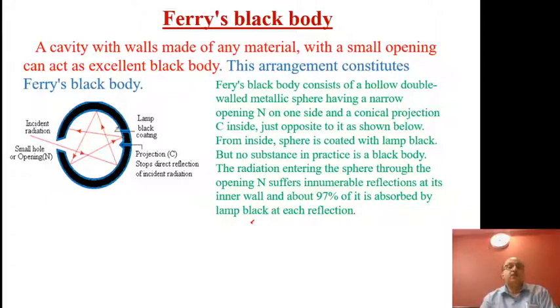Here is the very small opening, and this opening is represented by N. And the radiation is incident inside this hollow double-walled metallic sphere. It has a double wall: the first wall outside and the second wall inside.